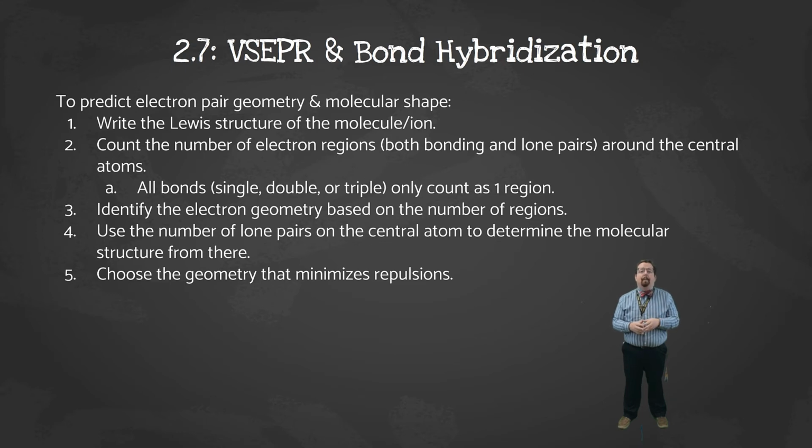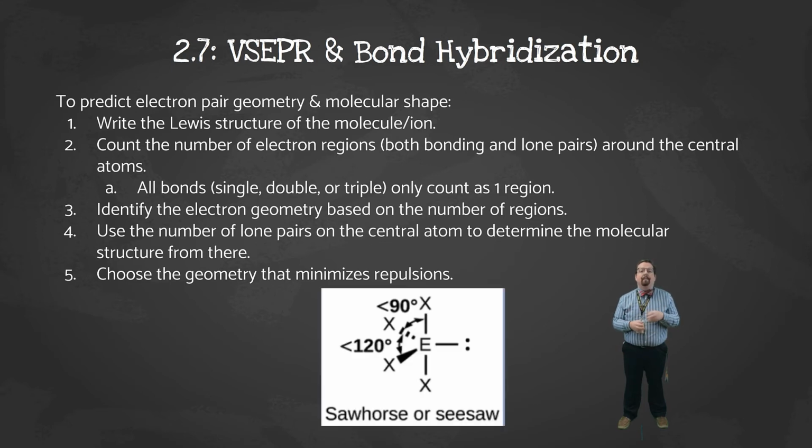You'll notice on the chart that these molecular geometries place the lone pairs in the best position to minimize their repulsion. For example, for a 5-electron region molecule with one lone pair, that lone pair is best placed on one of the equatorial positions. If you place it on an axial position, it'd be 90 degrees from the 3 equatorial bonding positions, and then 180 degrees from the other axial position.